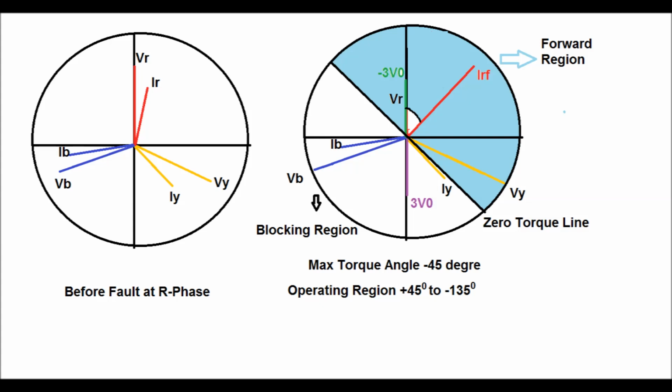And here for directional earth fault, the reference phasor is taken from the zero sequence negative voltage polarization, that is minus 3V0. Again, if the fault current is IRF, the operating region and the zero torque line have been shown in the diagram. The operating region is from plus 45 degrees to minus 135 degrees.